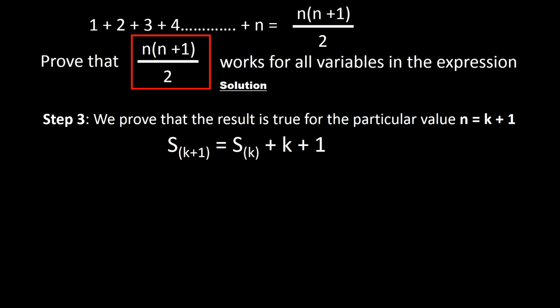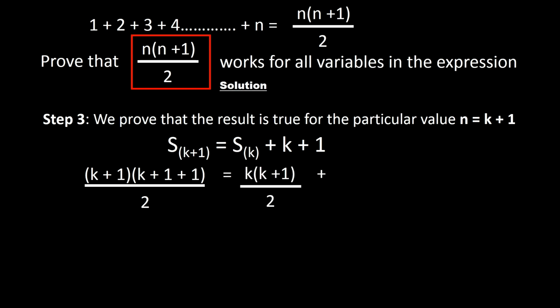Because there's a k plus 1 in the summation, we're going to replace n with k plus 1. Anywhere we see n, we put k plus 1, which is k plus 1 into bracket k plus 1 plus 1 divided by 2. The other side is equal to summation k, which is still n into bracket n plus 1 divided by 2, so we replace it with k, which is k into bracket k plus 1 divided by 2, plus k plus 1.